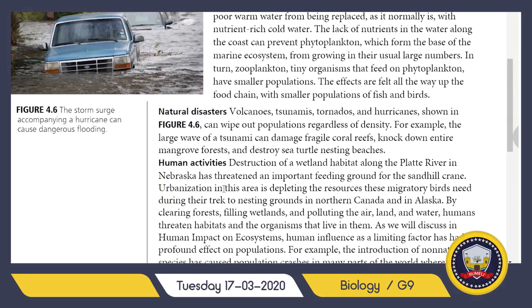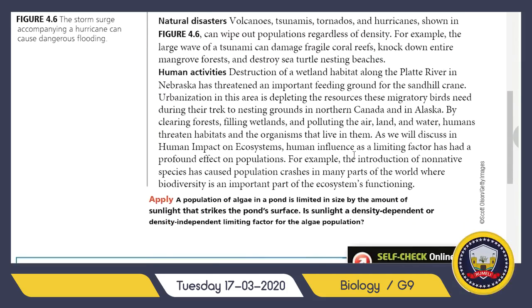Human activities. Destruction of wetland habitat along the Platte River in Nebraska. This is another example. My students, we need to take responsibility as a human race because our activities are destroying the environment.